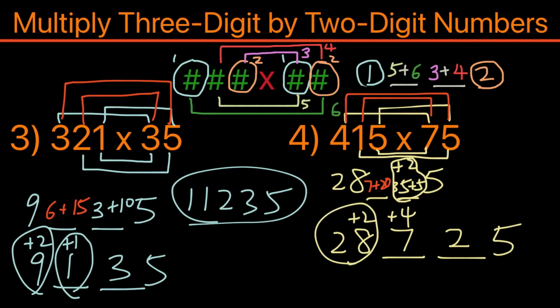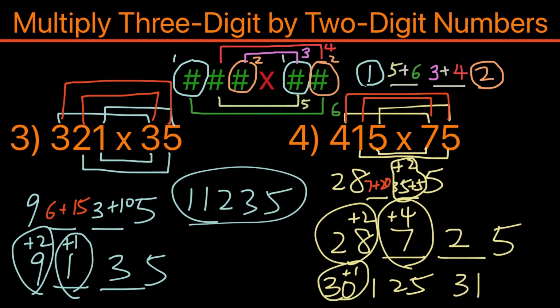So 28 plus 2, and then we have 7 plus 4. So this becomes 30, and then we have 11, so we need to plus 1 again to 5. Then we need to do this again, so we need to add 1 to 30. So it's 31 like this, and then we have 1, 2, 5.